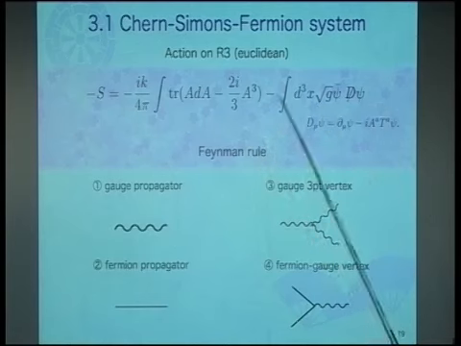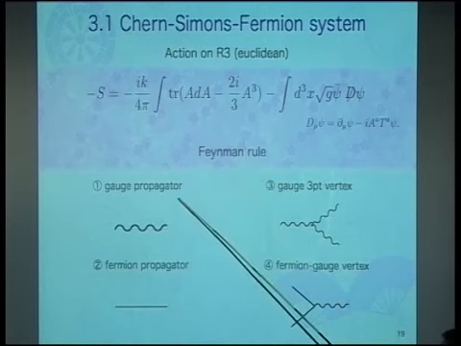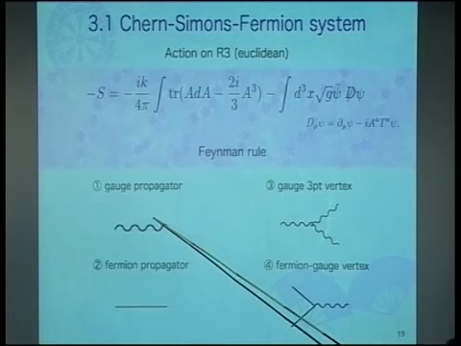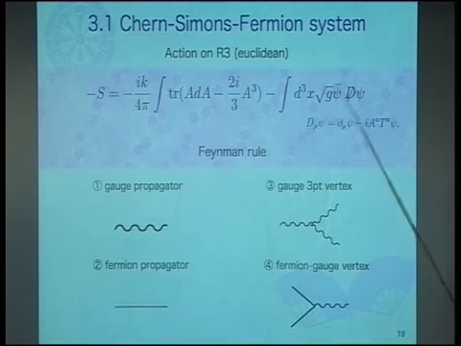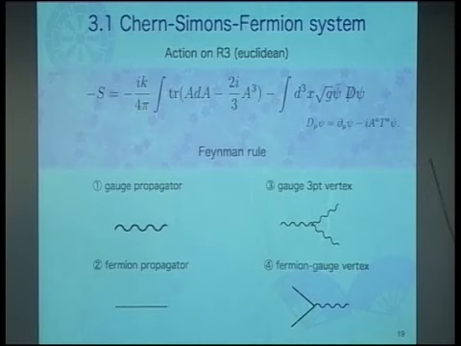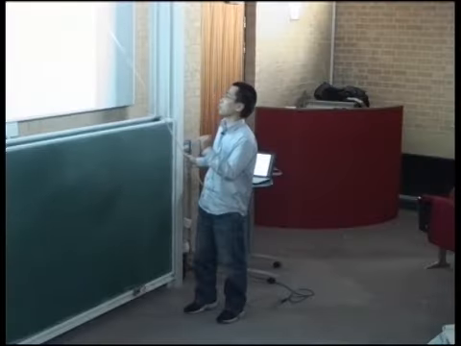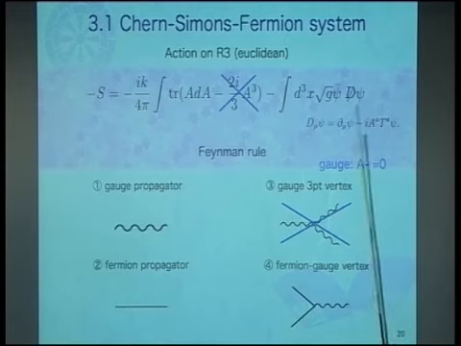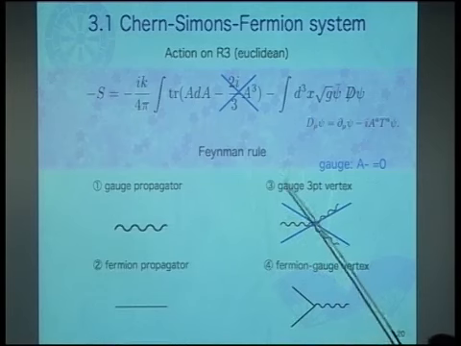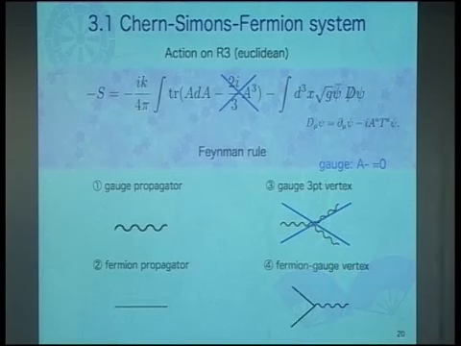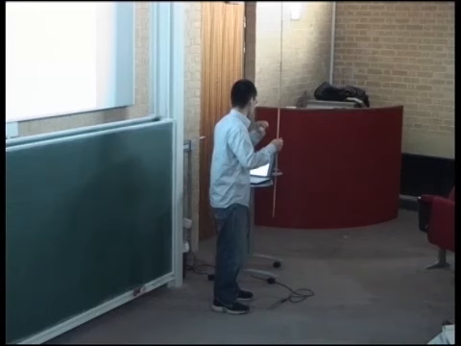And from this action, you can read off the Feynman rules, for the photon here, this one is this, and the psi-bar A psi vertex is this. And we take the gauge A minus equal to 0, where A minus is A1 plus i A2. In this gauge, this term disappears. So now, with respect to the gauge field, the action is quadratic.